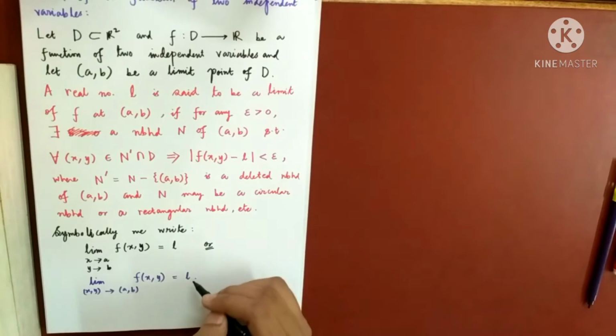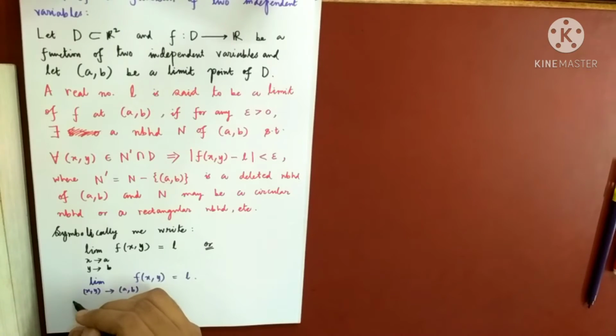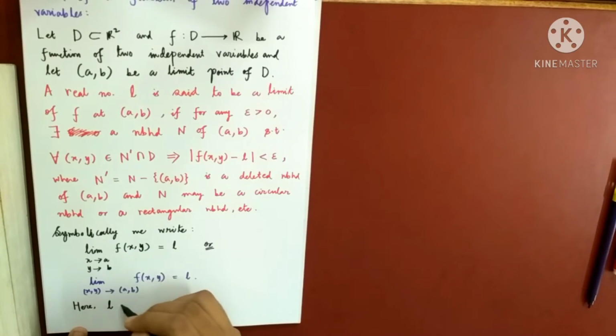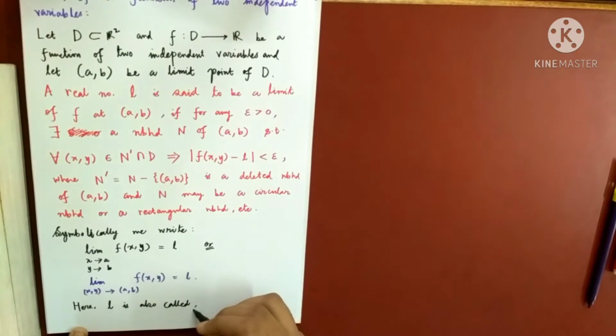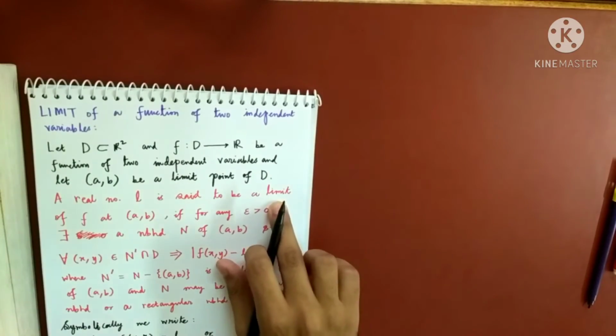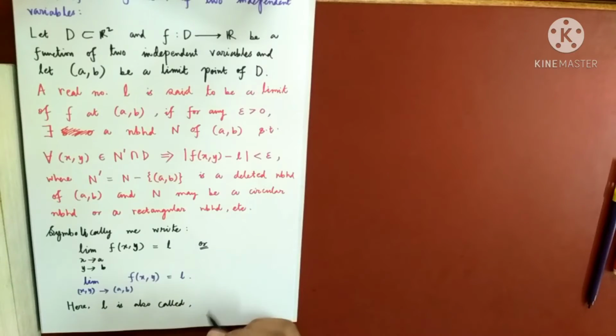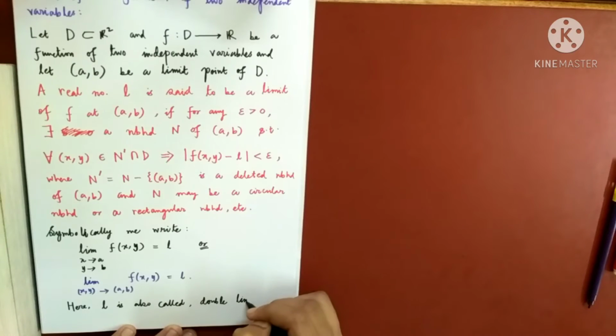So this limit value L is also called, I have said L is said to be a limit, right? This limit can also be called a double limit or simultaneous limit of f at a comma b.